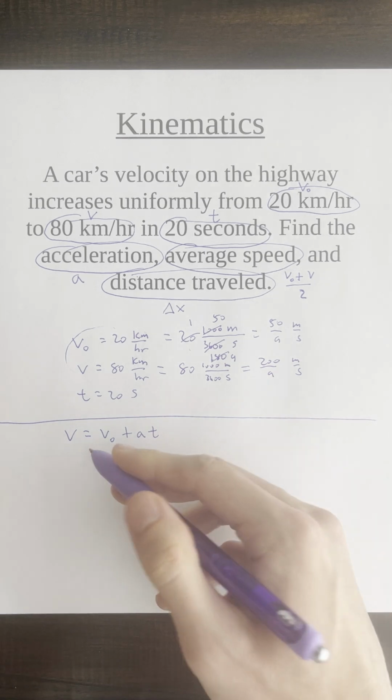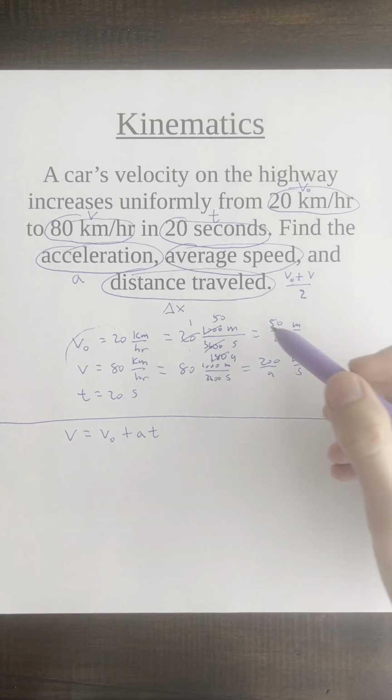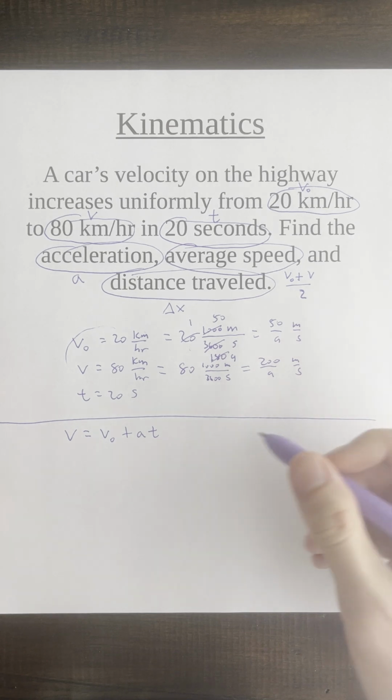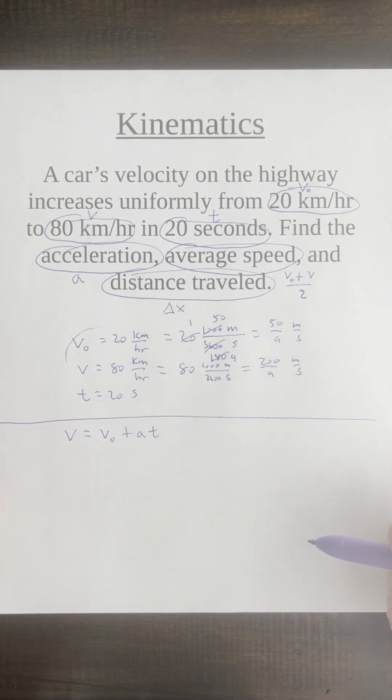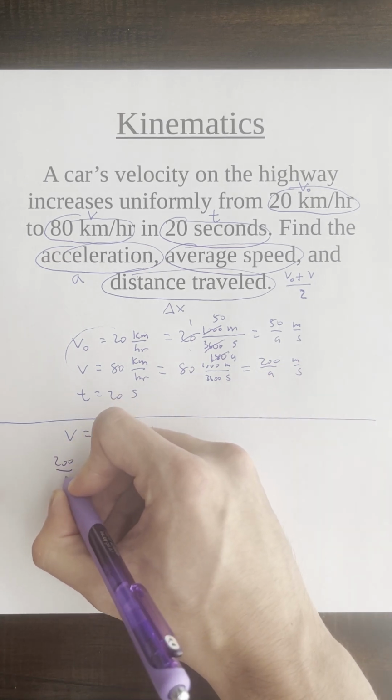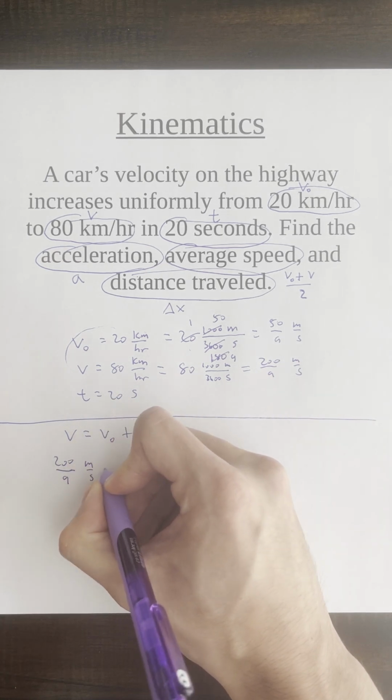Okay, now we're ready to use this formula since we converted V naught and V to meters per second. So V is how many meters per second? 200 over 9 meters per second.